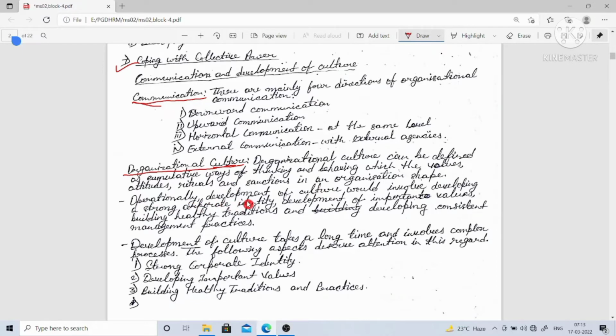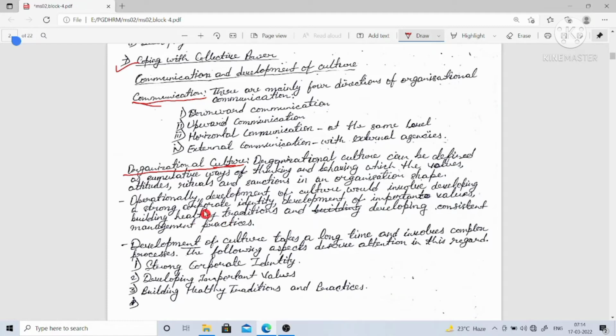Operationally, development of culture would involve developing a strong corporate identity, development of important values, building healthy traditions and developing consistent management practices.